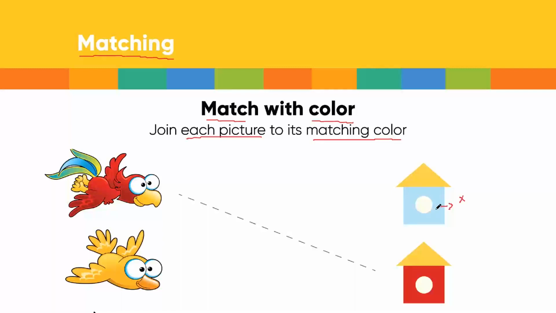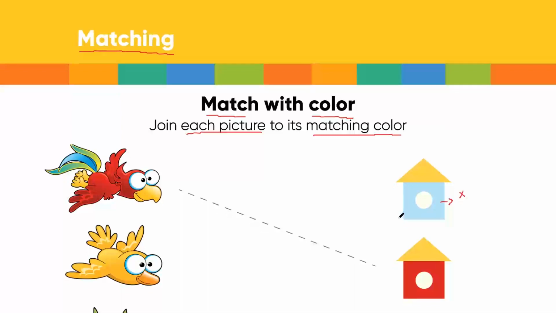We have to look at the color of the base of the bird's nest, right? So here you can see that this bird's nest is blue in color, but this bird is yellow in color. That means we cannot match this bird with this bird's nest.